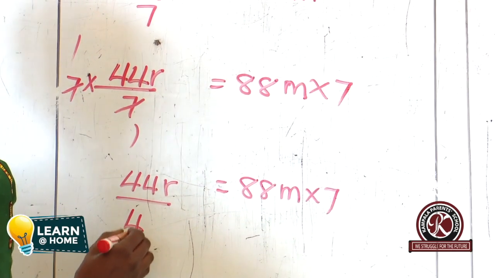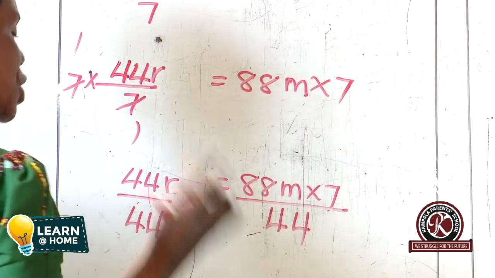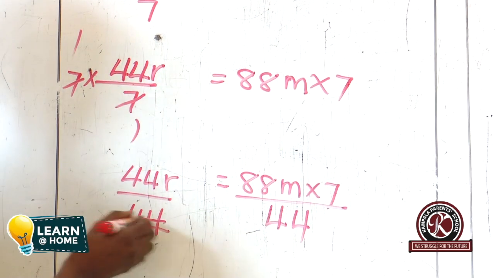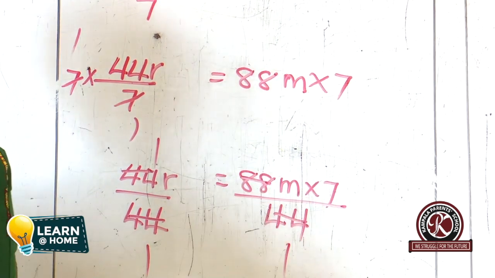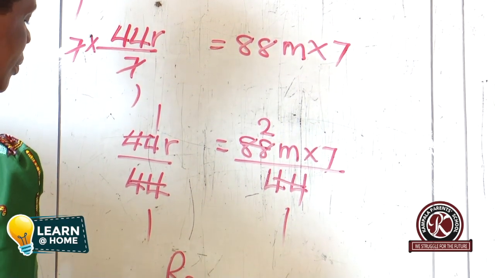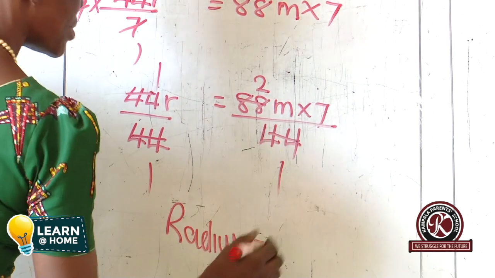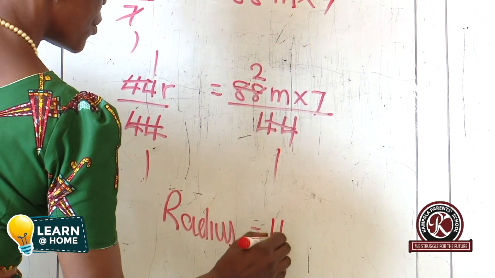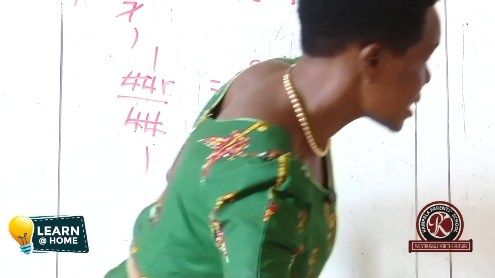Divide both sides by 44, which is the coefficient of r. By 44 ones, here ones. 44 here, ones, 44. What do we get? 2. So r, which is the radius, equals 2 meters times 7, which is giving us 14 meters. Move to the next number.